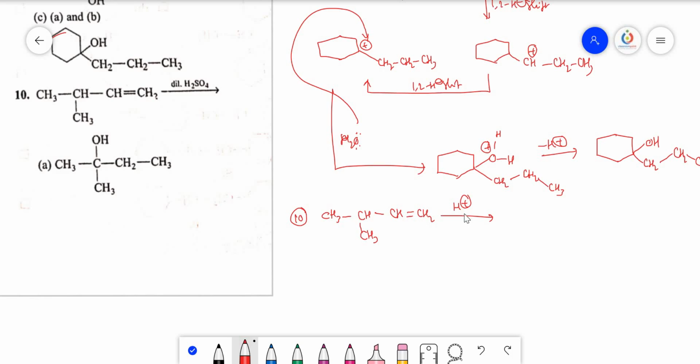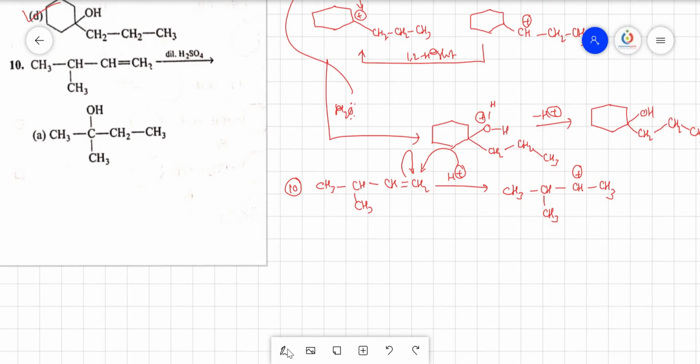Again this is an unsymmetrical alkene and the positively charged ion approaches it, so it preferably attacks the double bonded carbon with more hydrogens. So CH plus and CH3.